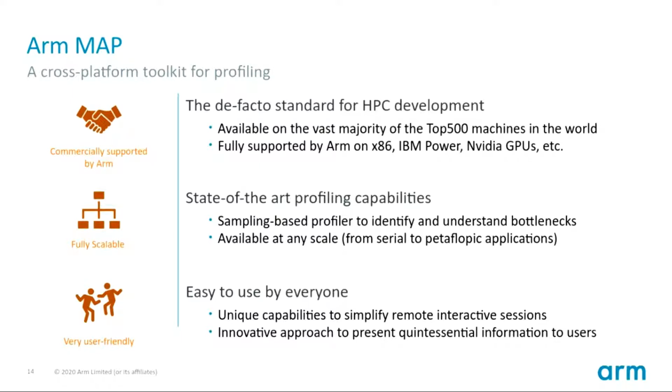But due to size constraints, in order to make it scalable, it doesn't save the information on an individual rank basis. That's one of the common questions I receive delivering these MAP trainings: can you give me all the information for rank 1? And well, no, not exactly, because we're storing statistical data.